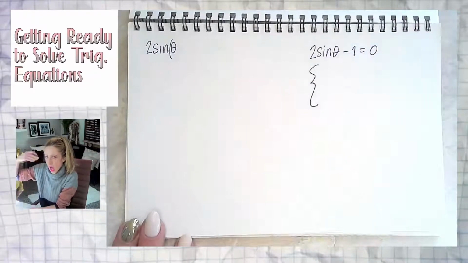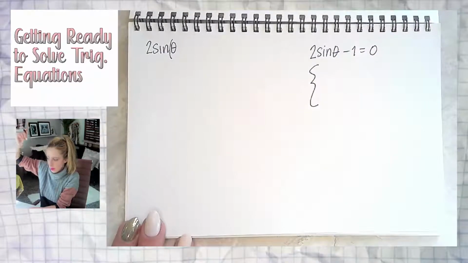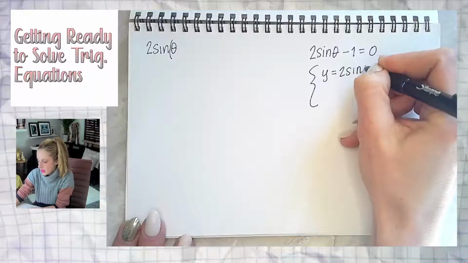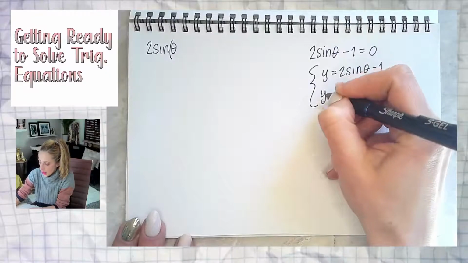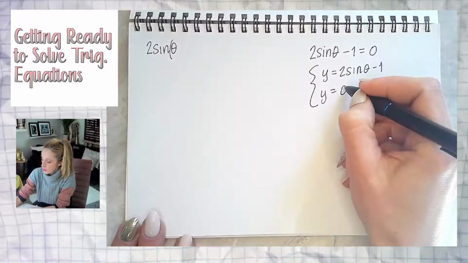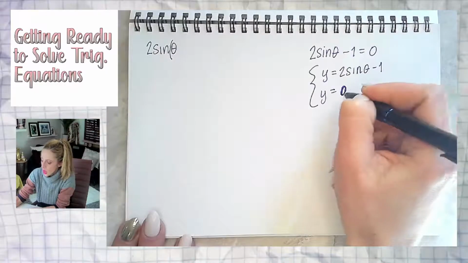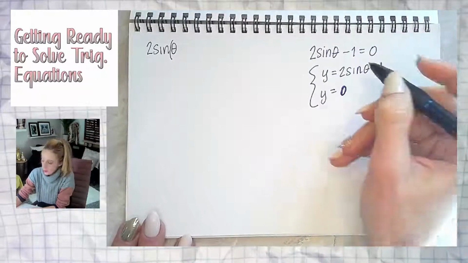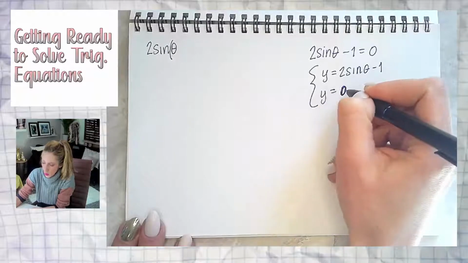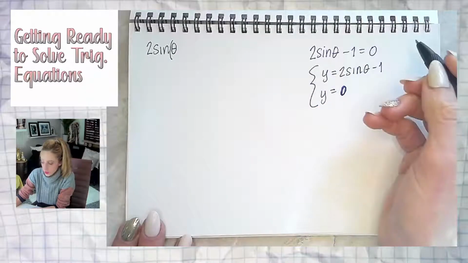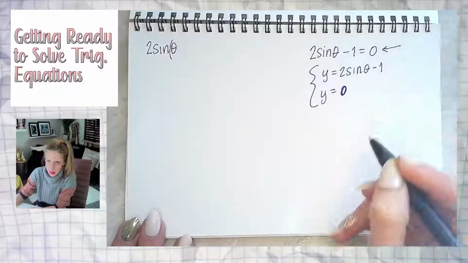I could have gone back a step and seen y equals 2 sine theta minus 1 and y equals 0, with directions saying solve the following system of equations. When you solve that system, we spoke about this a couple weeks ago, we could solve by substitution, elimination, or graphing. If I take what y is equal to, here it's 0, and fill it in there, I can solve by substitution. And that would essentially be this step.